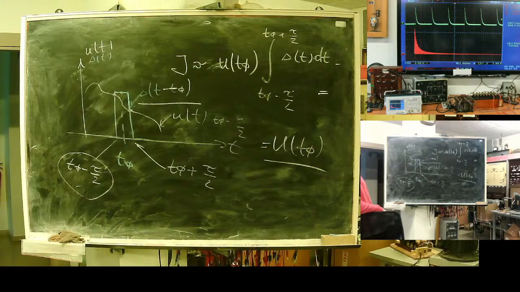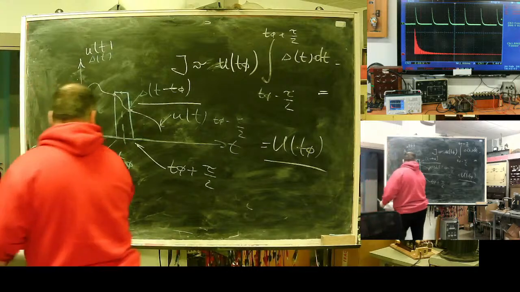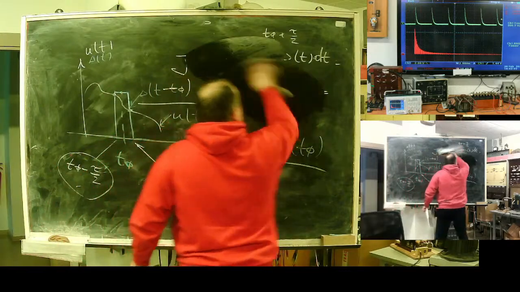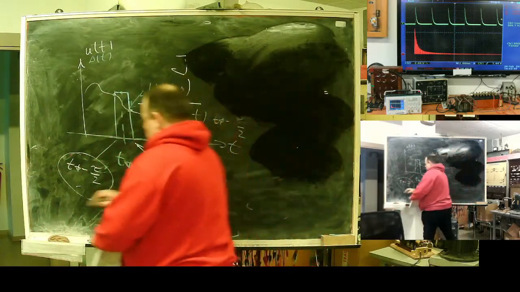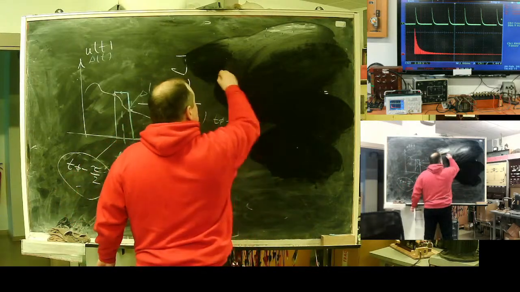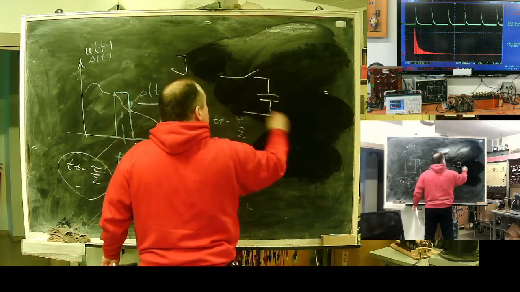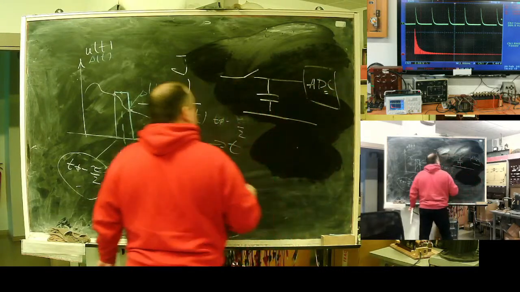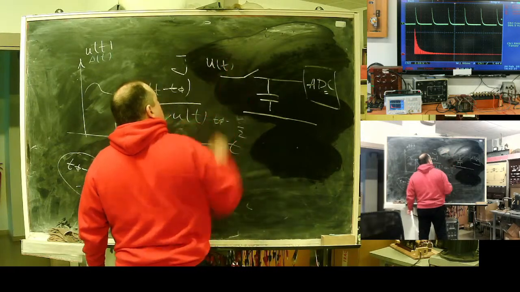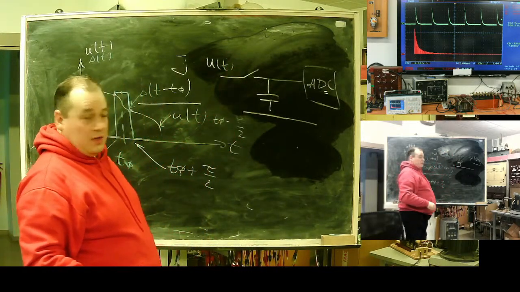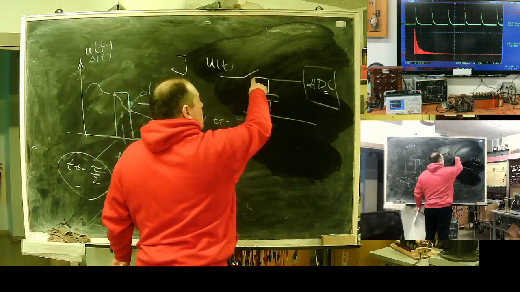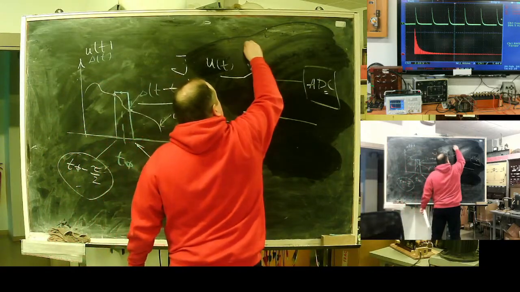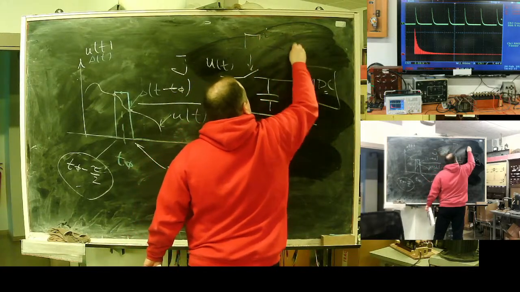What does a sample and hold device do? Who studied digital electronics? The simplest sample and hold device: here is the ADC itself, and here is something we need to convert to digital form, and we have a sampling pulse.